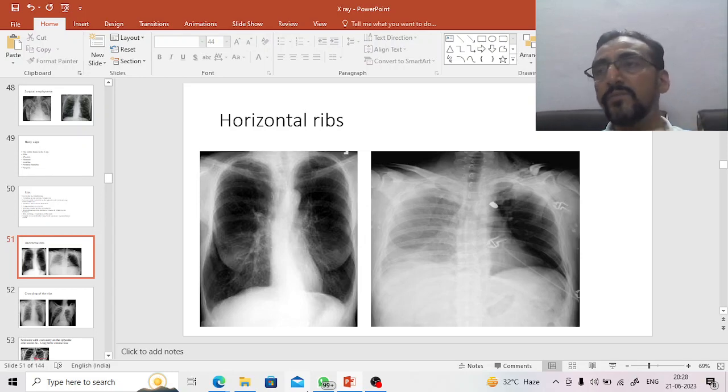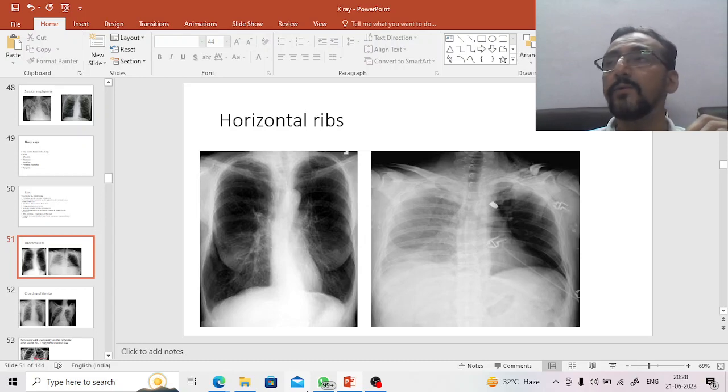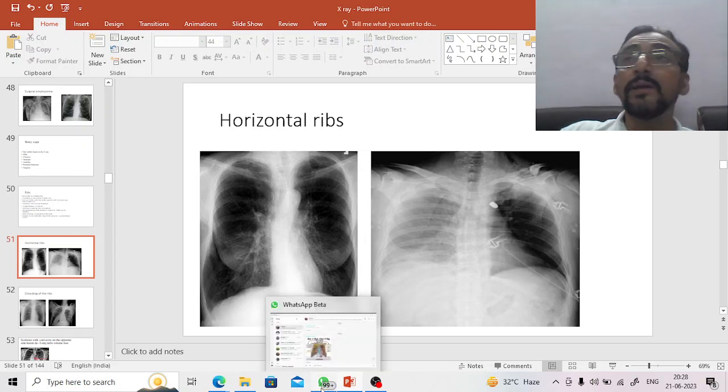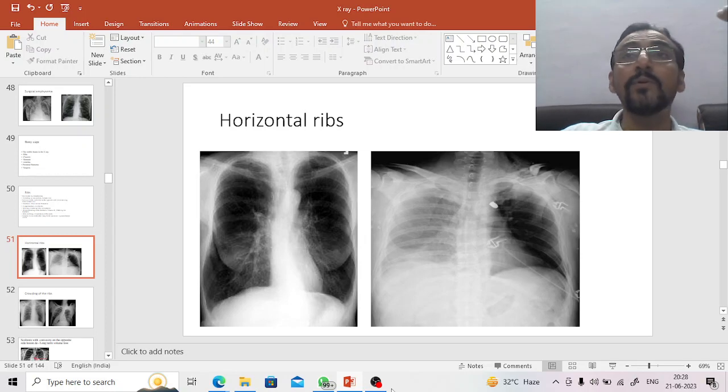So in the process, the anterior posterior diameter and the transverse diameter become equal, and this leads to a box-like, barrel-shaped chest. It becomes like a box, because length and breadth become equal. So in the process, the obliquely placed ribs become more and more horizontal.